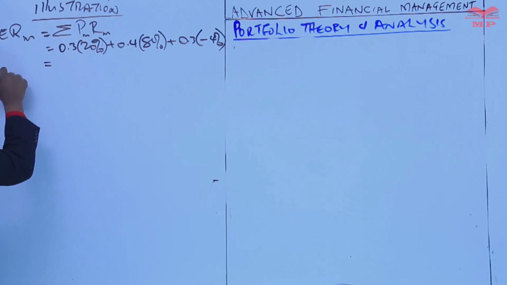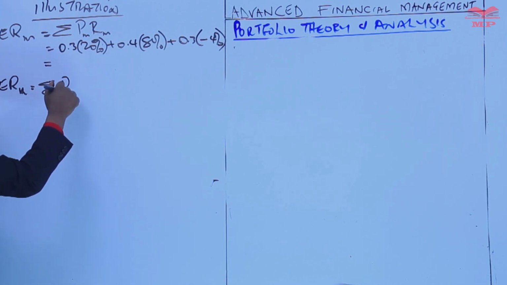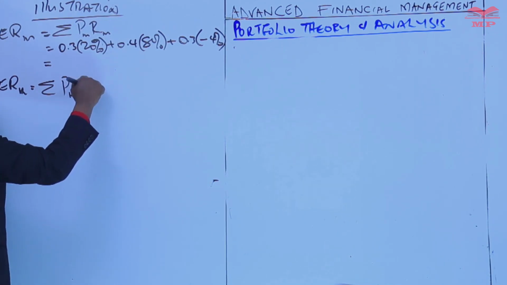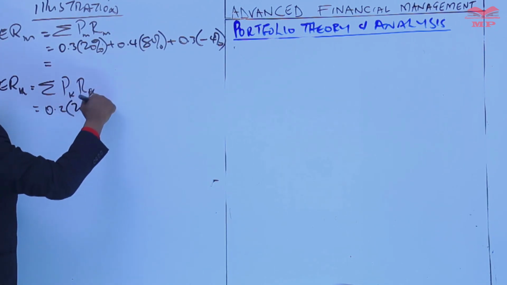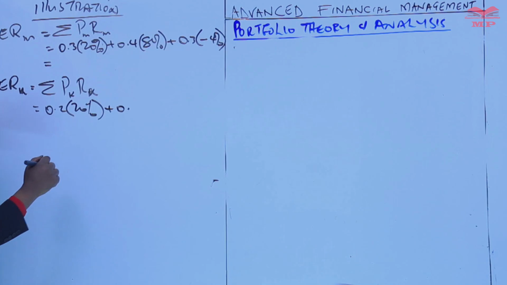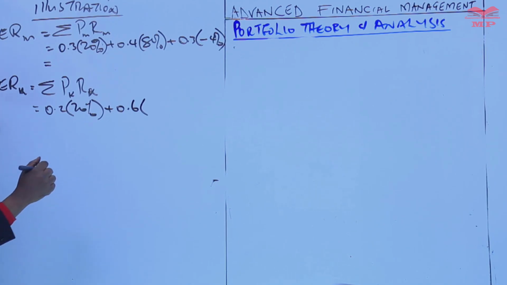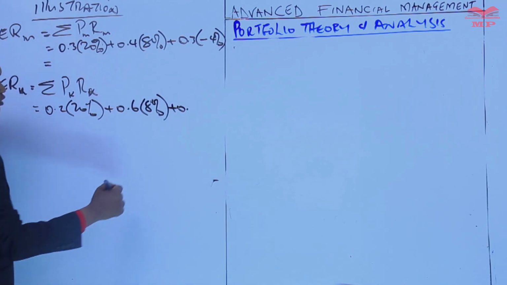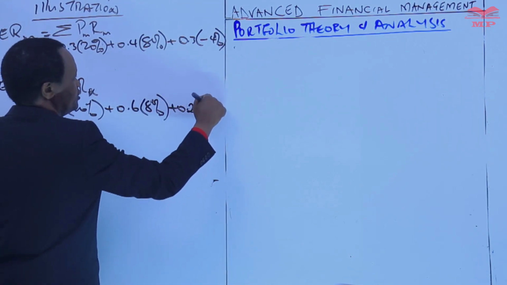Then the expected return for security K is again the summation of the product of the probability for security K times the returns for security K. 0.2 times 20%, plus 0.6 times, what is the percent? 8%, plus 0.2 times negative 4%.